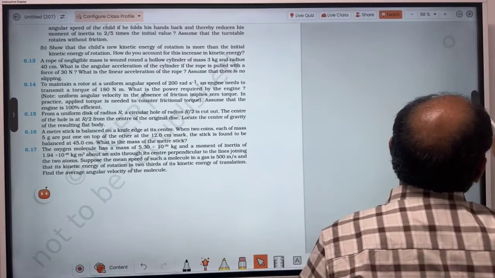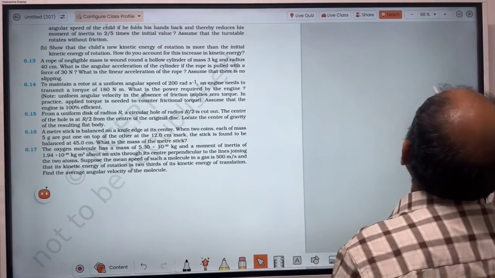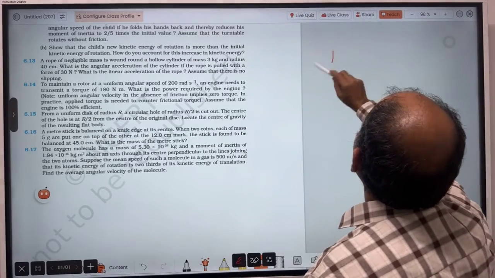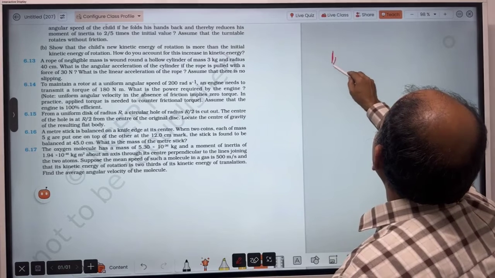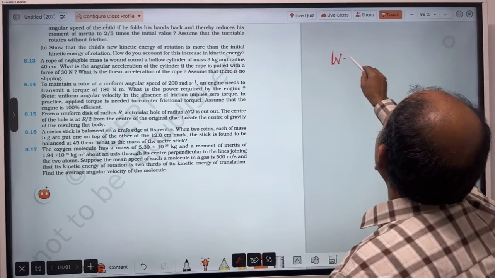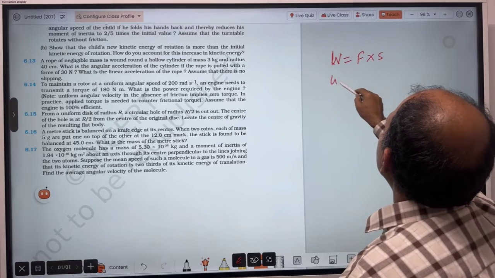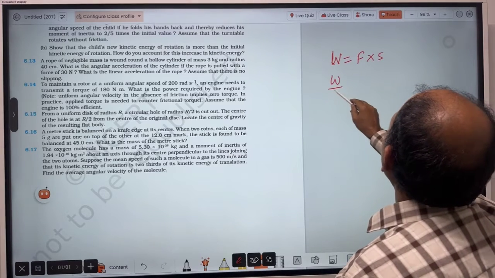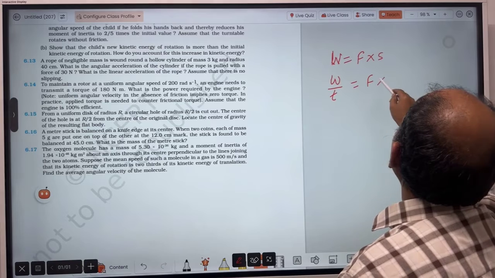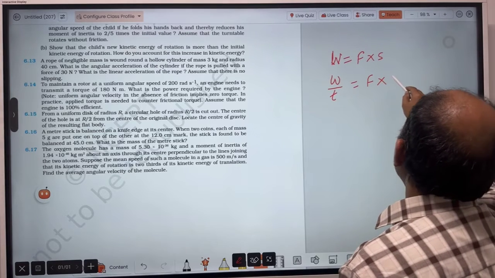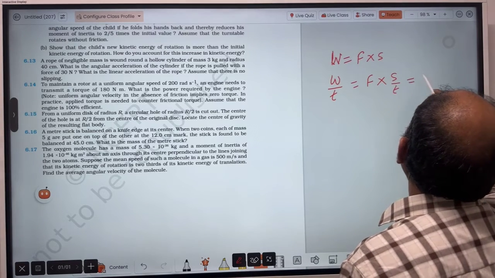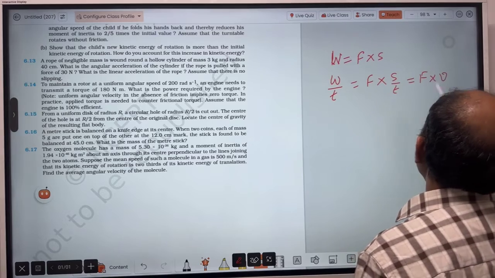So, if you remember the formula I told you, if you write work equal to force into displacement and you convert it into power, so you write W upon T equal to force into S upon T, which is velocity. So force into velocity.